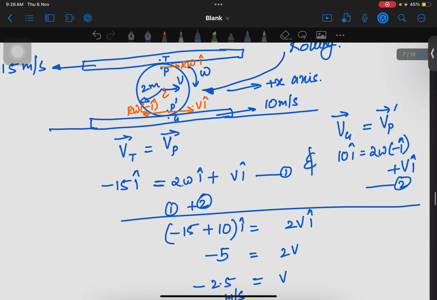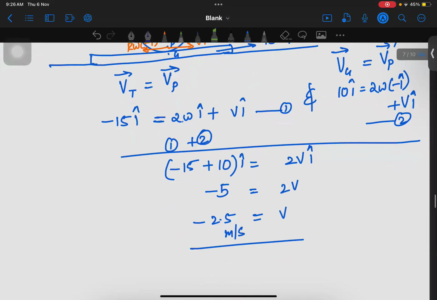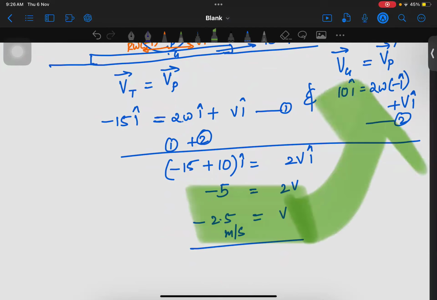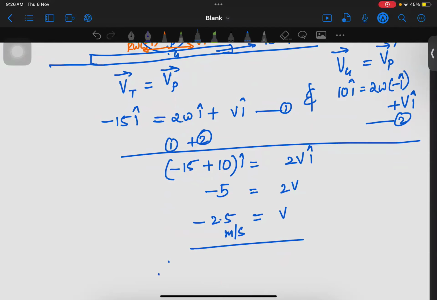And now for the omega, we'll take this value of V, put it in any one equation. Let's put it in this one. So what do we get? Therefore, minus 15 i cap is minus 2 omega plus V i cap, which is minus 2.5 i cap.